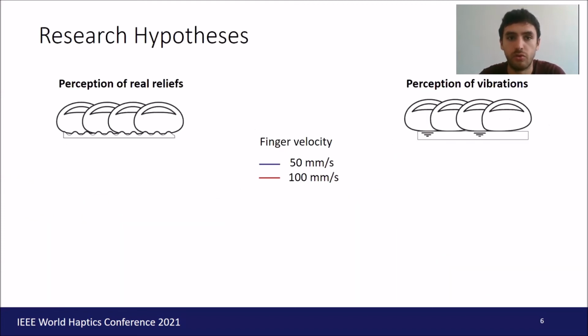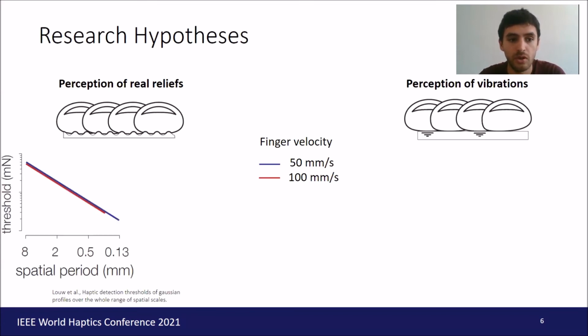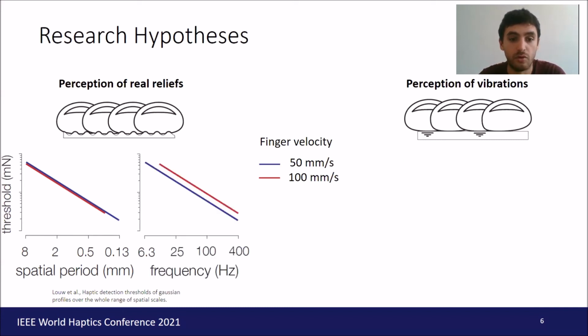With what we saw previously, we can try to predict the result of our experiment with these two hypotheses. With the first one, if the threshold of friction-modulated gratings are the same as the real reliefs, it would lead to threshold curves that are independent of the finger velocity. And the vibration frequencies at the threshold level would be different.